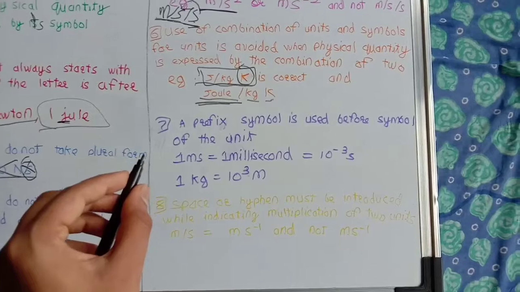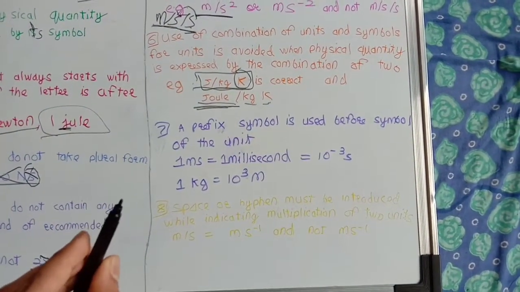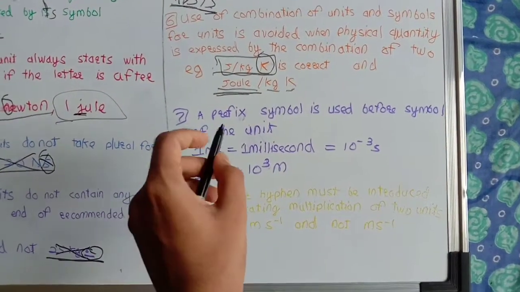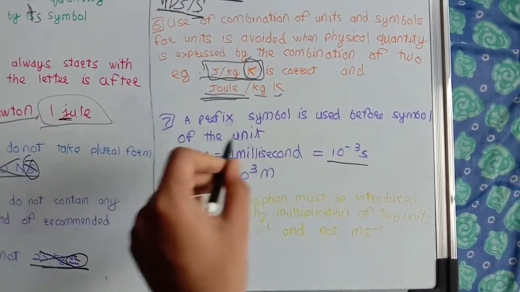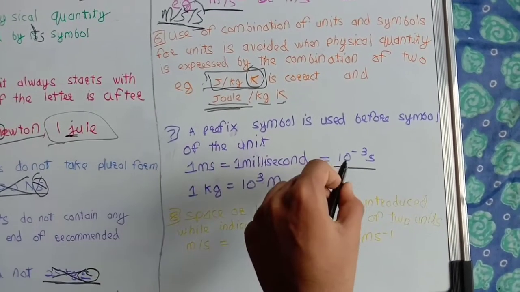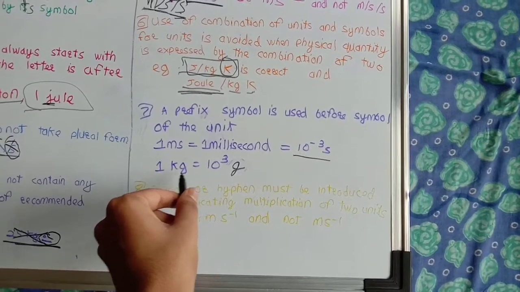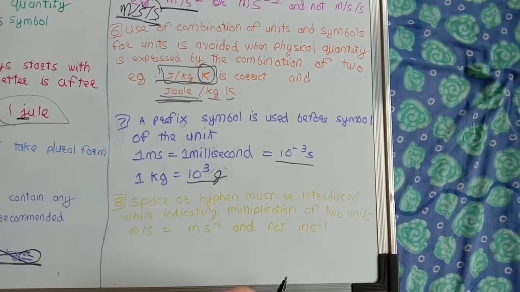Next, a prefix symbol is used before the symbol of a unit. Like see, if we are writing 1 millisecond, we can also write it as 10 raised to minus 3 seconds. 1 kilogram means 10 raised to 3 grams.